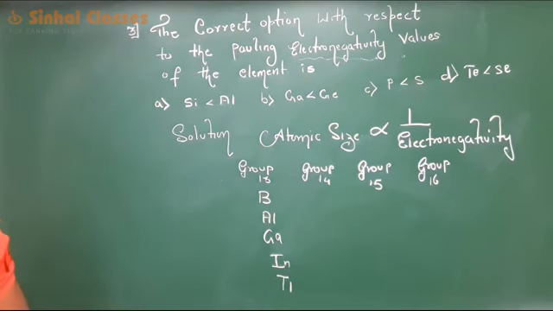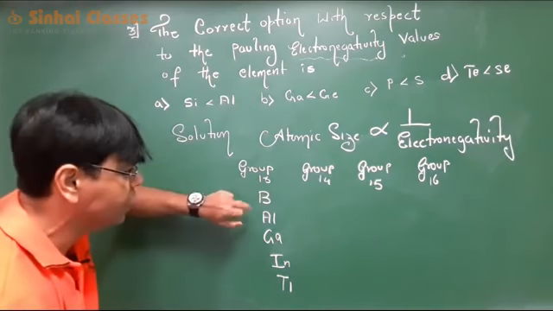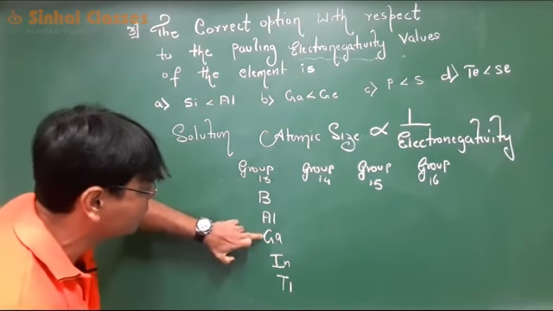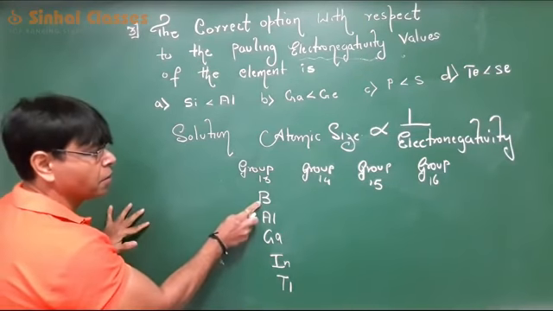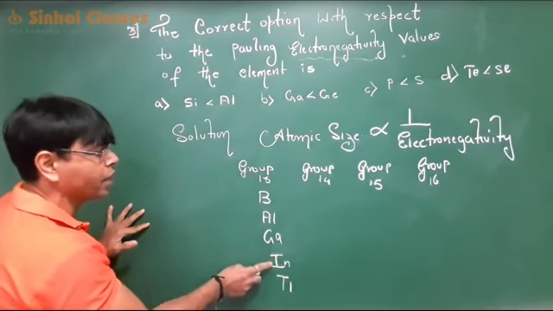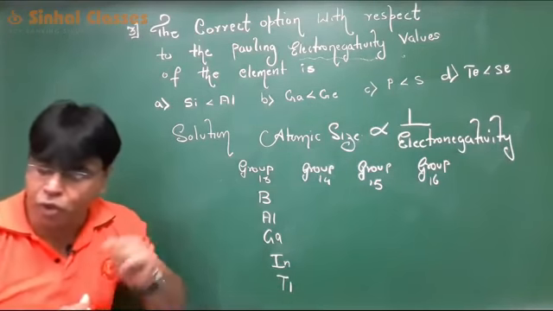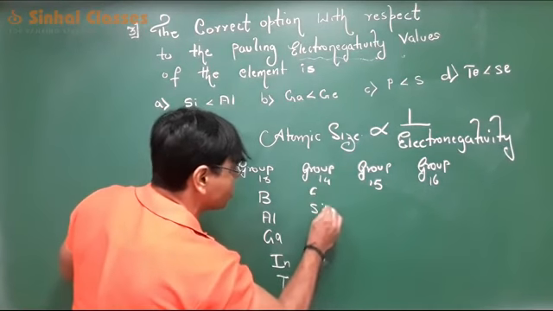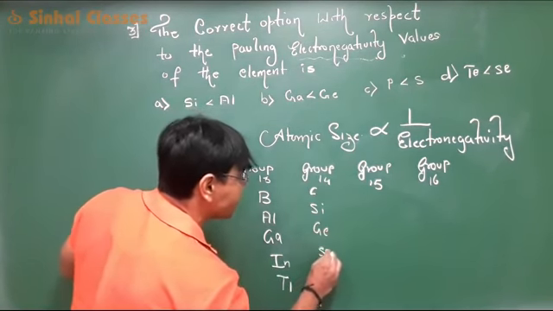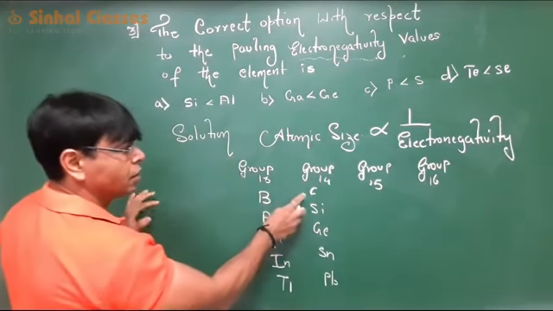Boron, aluminium, gallium, indium, thallium can be remembered as bangan, aloo, gobi in thali. These are the elements of group 13. Carbon, silicon, germanium, tin and lead are the elements of group 14.